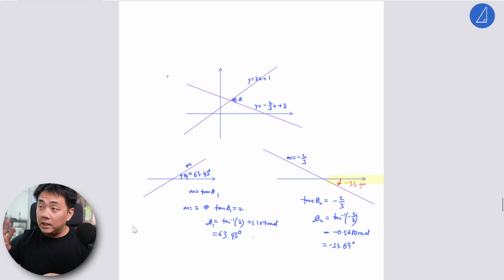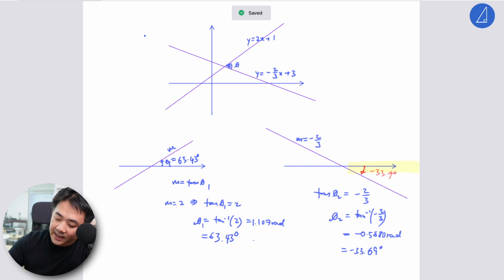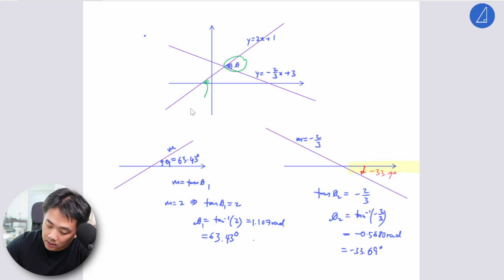Okay, but radians is different. Radians is actually a formula. So if I want to find the angle between these two lines, you just use your geometry law. This guy here is 63.43 degrees, and this guy here is 33.69 degrees. This one is vertically opposite with 33.69.